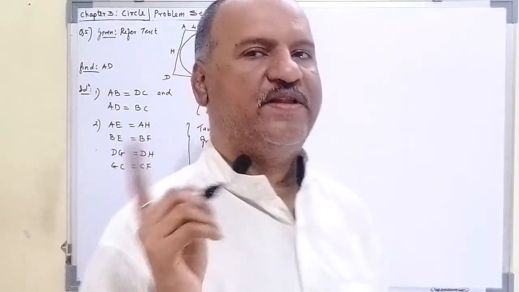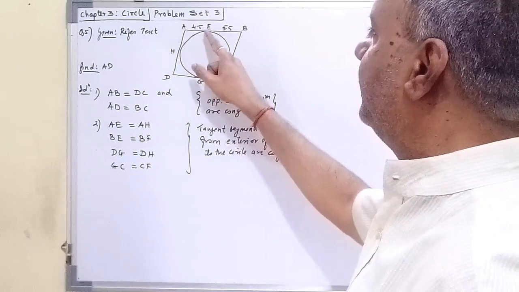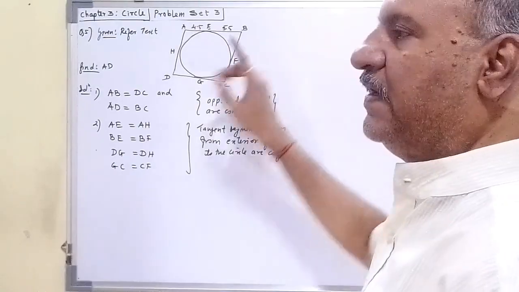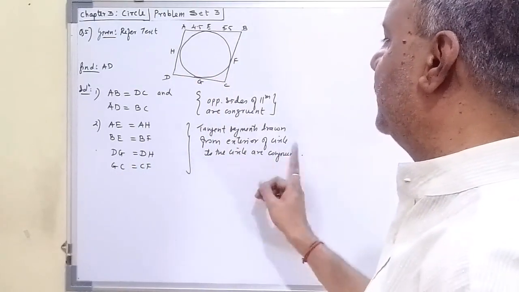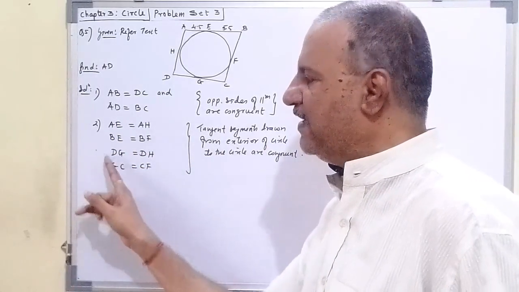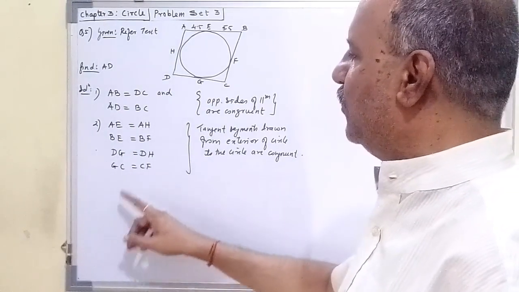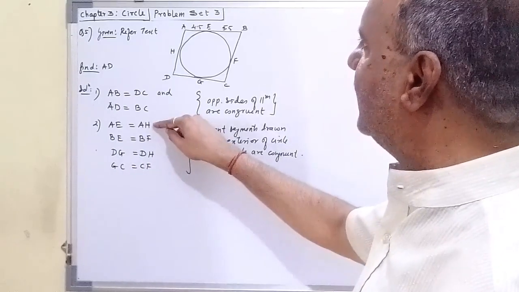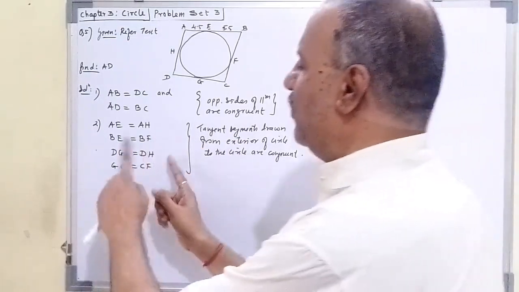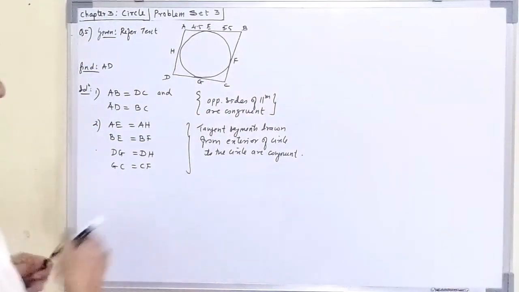प्लीज इसको ध्यान से देखो मैंने क्या किया यहाँ. I took AE equal to AH, उसके बाद BE equal to BF, tangent segments drawn from the exterior of a circle to the circle. ओके ये तो आप जानते हो, लेकिन I waited for this. ये लिखने के बाद रुक गए क्यों? बिकॉज बहुत जरूरी है, because I am going to add all this. मुझे ये साइड देखना बहुत जरूरी है. देखो AH के साथ DH ऐड होगा और BF के साथ CF ऐड होगा, तो I cannot write DH upon DG, तो इसलिए संभाल के लिखो. अब इनको मुझे ऐड करना है.